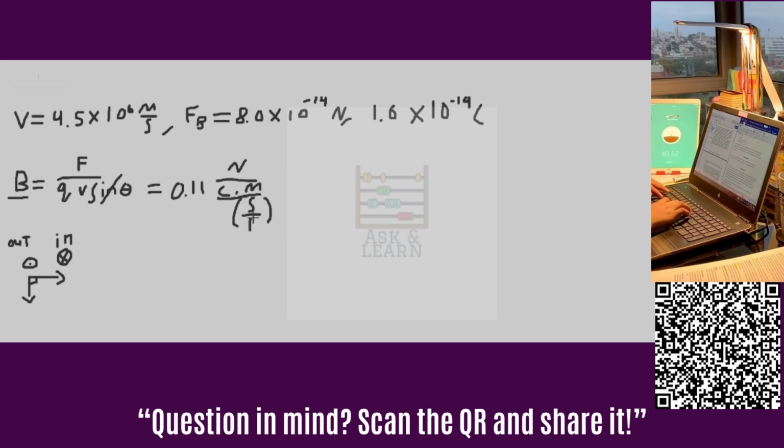So what we're left with is newton times second over coulomb times meter, which is the definition of the Tesla, which is our units for magnetic field, abbreviated as T. So now we have our final answer. B is equal to 0.11 Tesla.